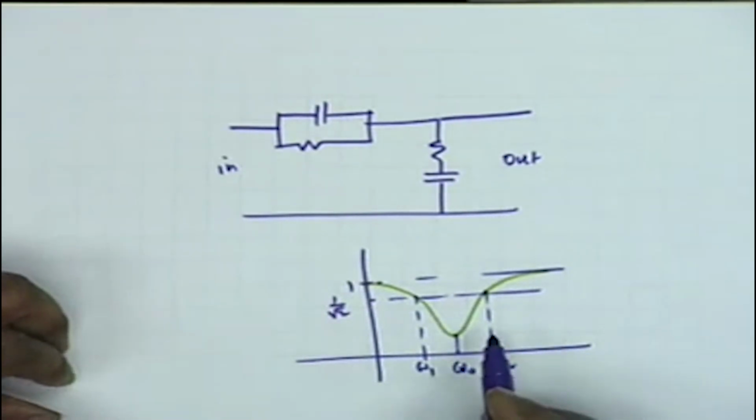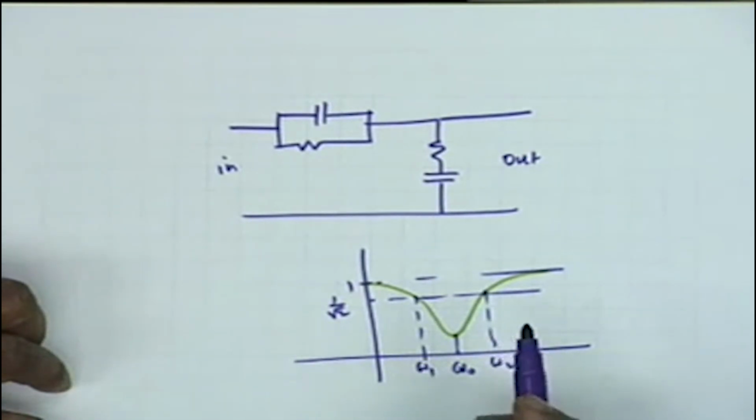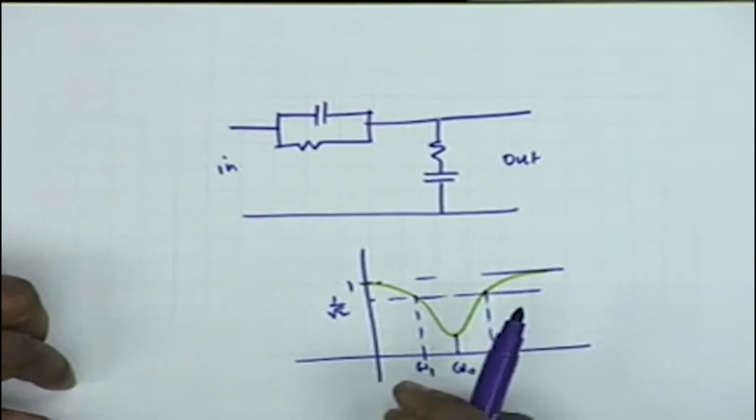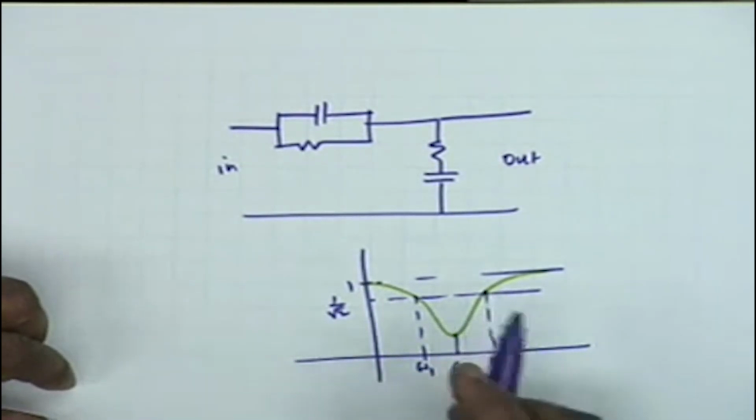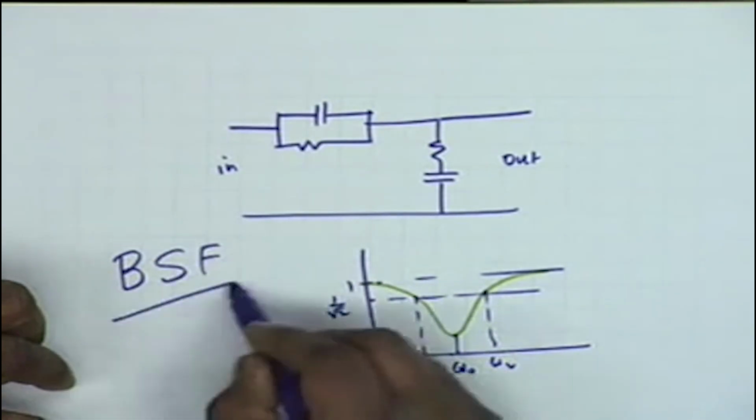It is as if the filter rejects this band of frequencies centered around omega 0, and therefore this band is said to be stopped, it does not pass, and this is called a band stop filter, BSF.